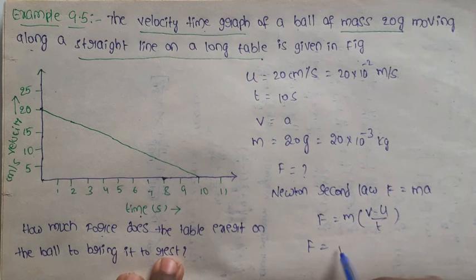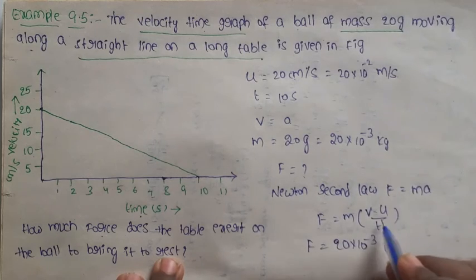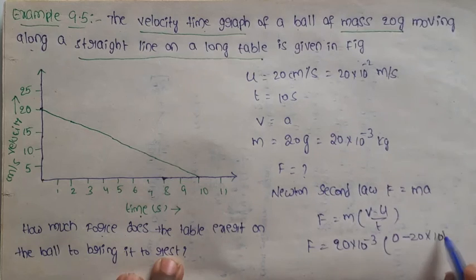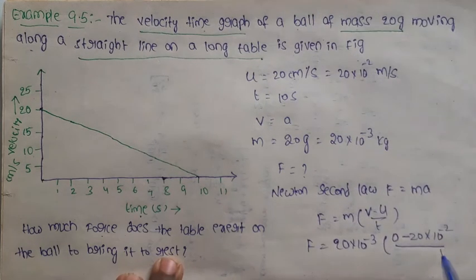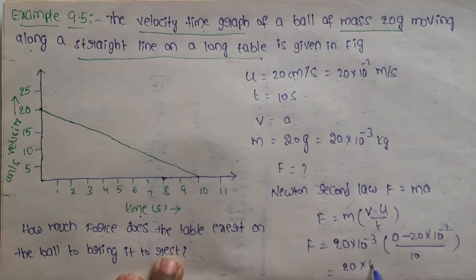F equal to mass 20 into 10 to the power of minus 3, final velocity 0 and initial velocity 20 into 10 to the power of minus 2 by time 10 second. So here 20 into minus 20, 10 to the power of minus 3, 10 to the power of minus 2, 10 to the power of minus 5, here 10 to the power of plus 1 comes into the numerator, 10 to the power of minus 1.